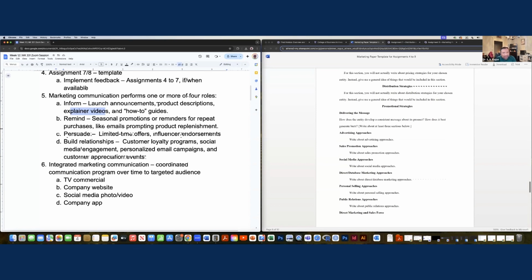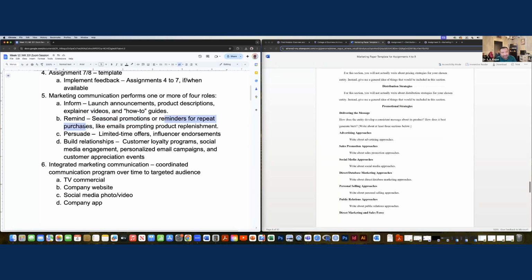So the next piece is remind. So as the verb suggests, it's about just letting people know of what's going on, because people have a lot of things going on, and sometimes it helps to get that piece of communication that says, hey, we have this sale going on, so there's seasonal promotions. Or it could be a reminder for repeat purchases.